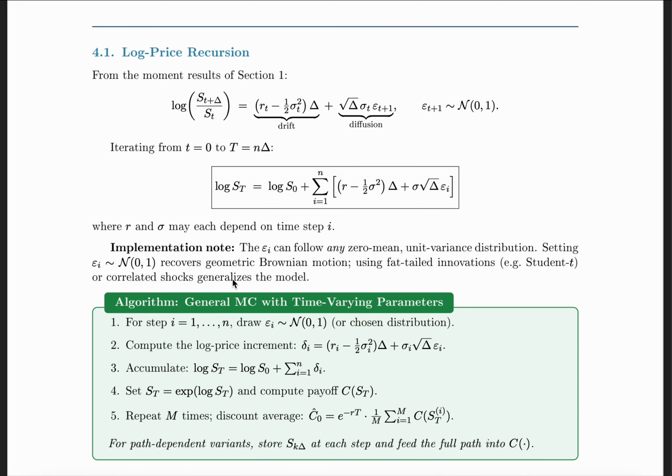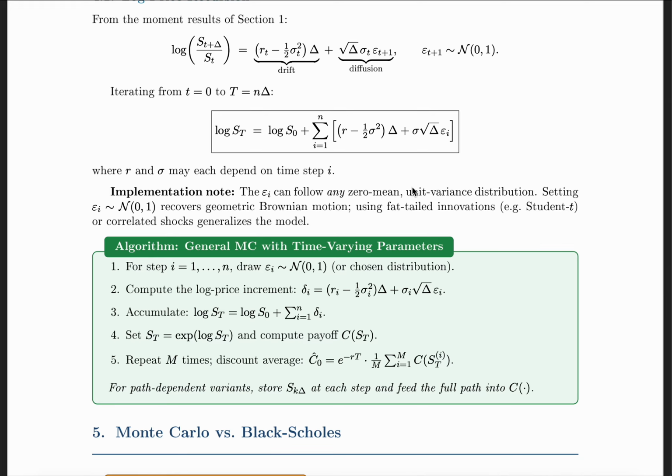One of the powers of the Monte Carlo approach compared to something like Black-Scholes, which has a closed form solution and assumes constant risk-free rate and constant variance, is that we are able to vary this for each time period. And this raises the question, therefore, of how do we model sigma? How do we model the variance? And this is what we're going to cover in today's video.